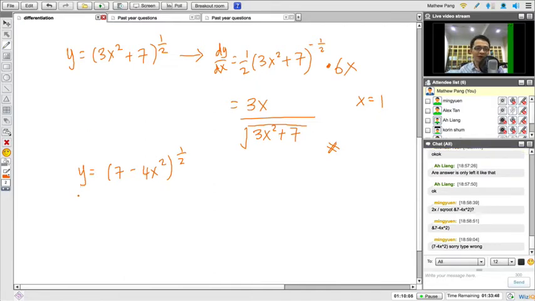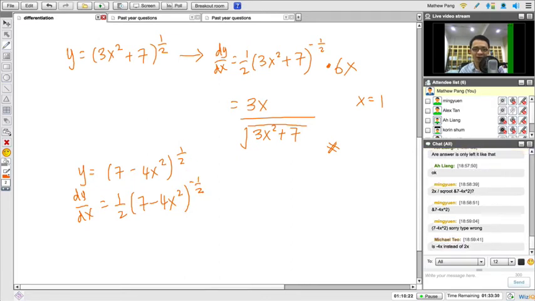Okay, so it's very simple. Have a look here. First thing is, I'm going to move the 1 over 2 in front. And then here I will just copy whatever I have. And then 1 over 2, I will minus 1, so I got negative 1 over 2. Alright, then I'm going to differentiate inside one more time, which is, this one will give me negative x.